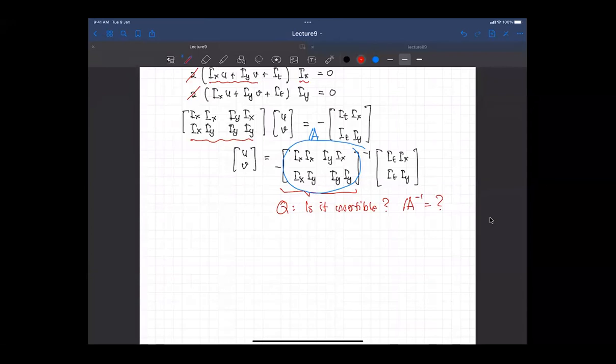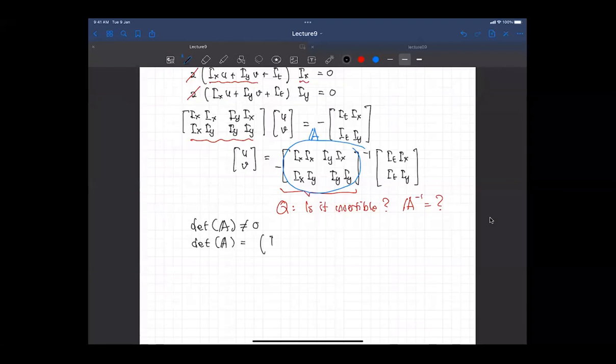Full rank, yes, or the determinant. Yes, the determinant of A is not 0. So the determinant of A should not be 0 to be invertible. Now, what is the determinant definition?